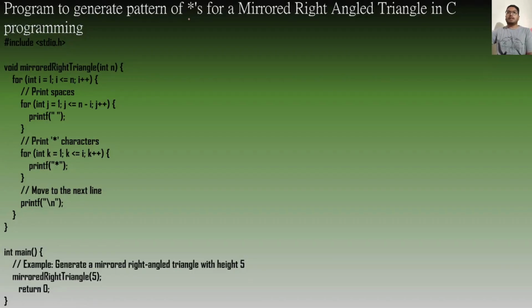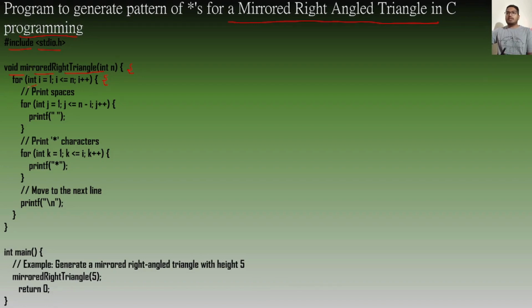Program to generate a pattern of stars for a mirrored right angle triangle in C programming. #include <stdio.h>. We declare it to use functions like printf and scanf. void mirrored_right_triangle(int n), we open the curly brackets. for int i = 1; i <= n; i++, close the bracket and we open another curly bracket.